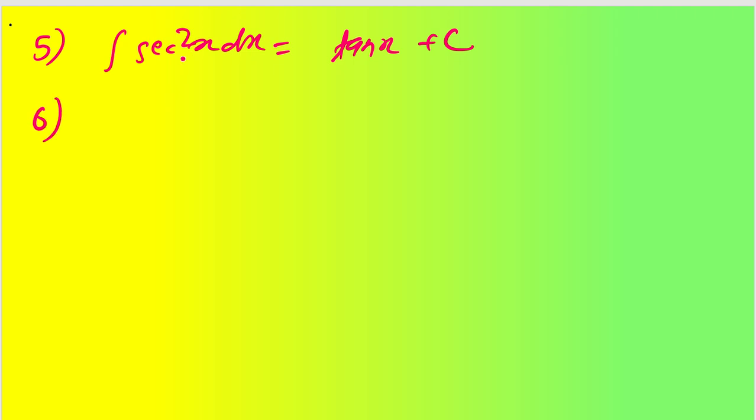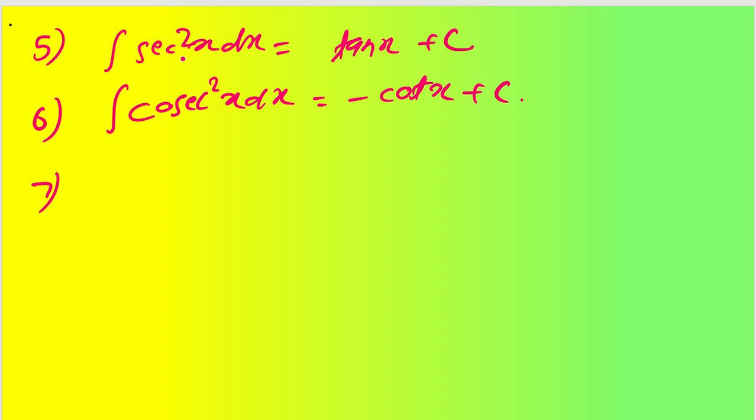Then let us say fifth one, we will see integration of sec square x dx. So that will become tan x plus c, because differentiation of tan x was sec square x. Okay, now integration of, let us say, cosec square x will become minus cot x plus c.